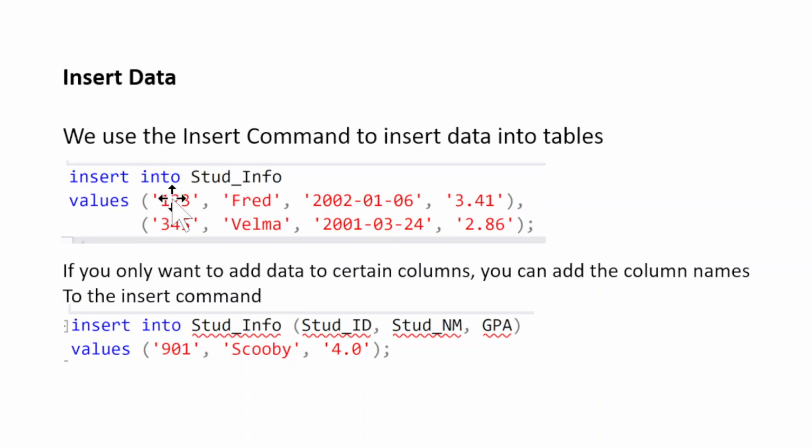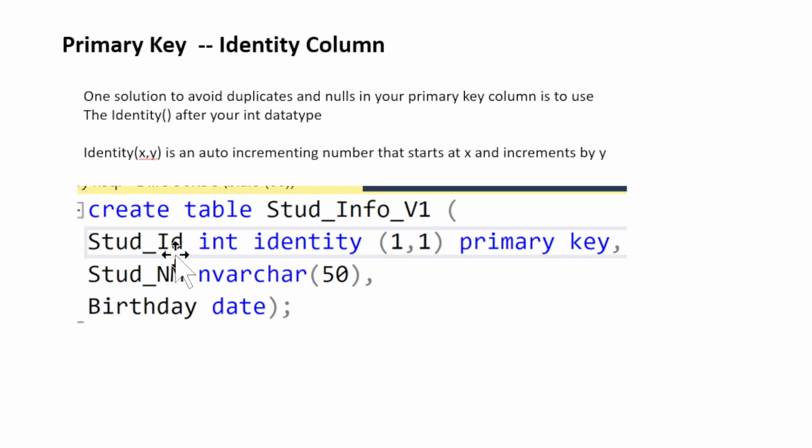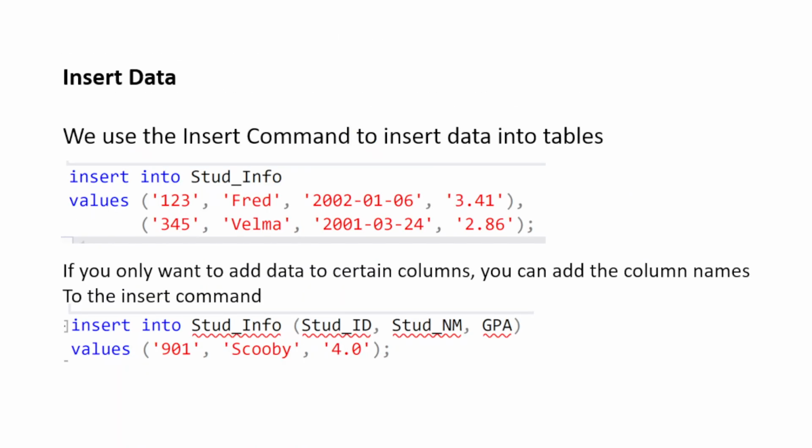But see, I've got 1, 2, 3, 4 to match the 4 data columns we have now. If you remember, we had 3. We had ID, name, and birthday. Then we added GPA. Okay. So now we go up to here, and this is ID, name, birthday, GPA.